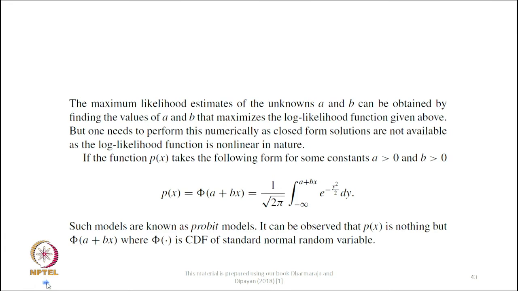Therefore, they are called maximum likelihood estimates of the unknown parameters A and B. You can get the results numerically, not as a closed form solution.